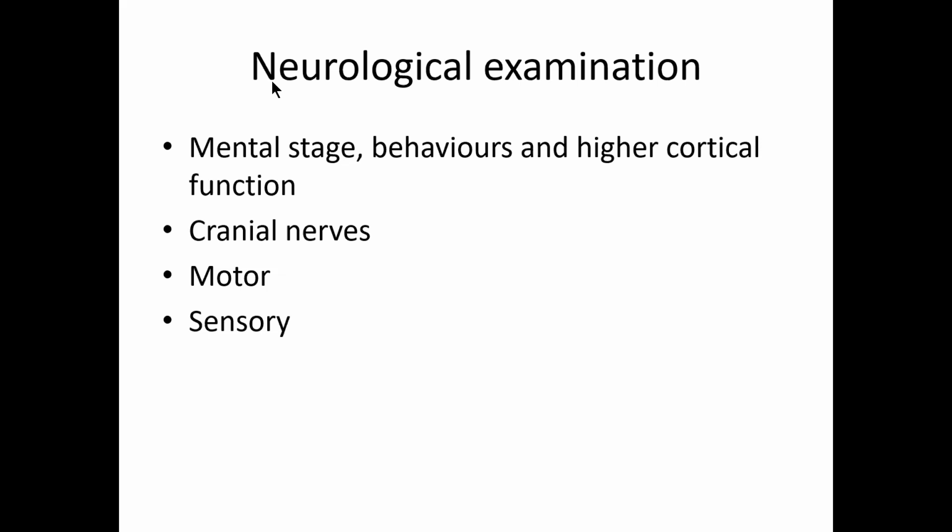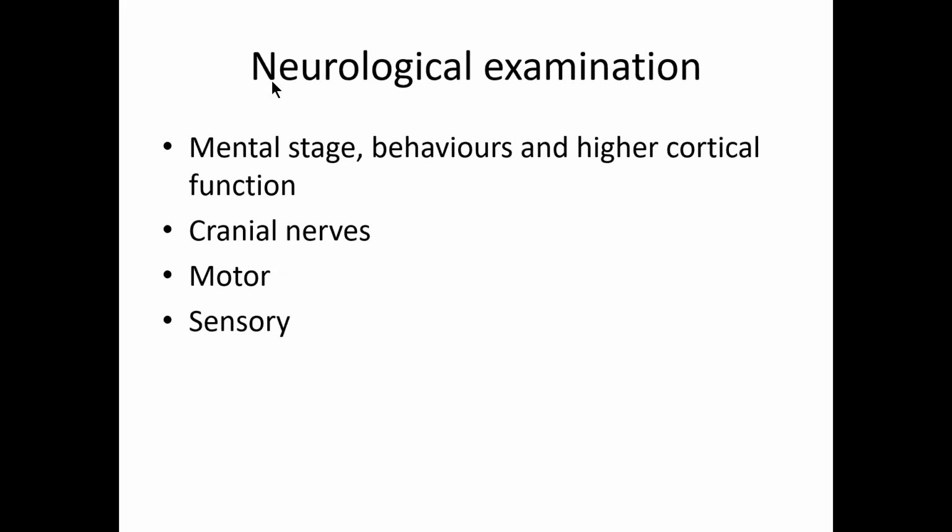Now, cranial nerves: there are 12, but you do not need to know everything by heart, every step and every detail, for the working diagnosis. You probably need to do only a few things. I will explain in the next slides.